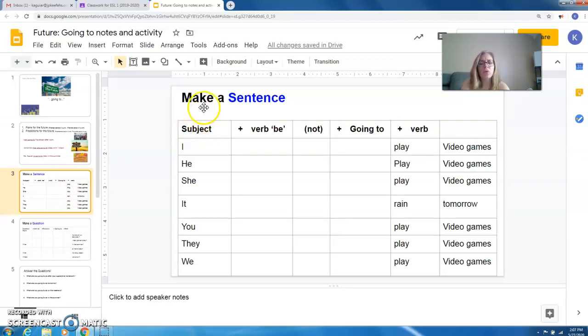Okay, so make a sentence. We need to put some verbs together. So we use the subject: I, he, she, it, you, they, we. Verb to be, not for negative sentences.